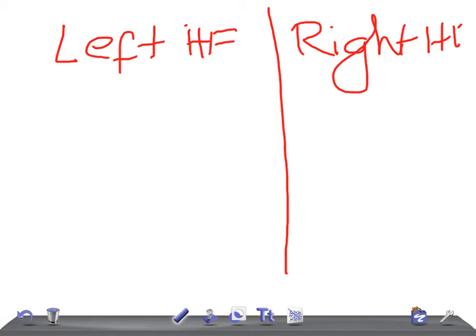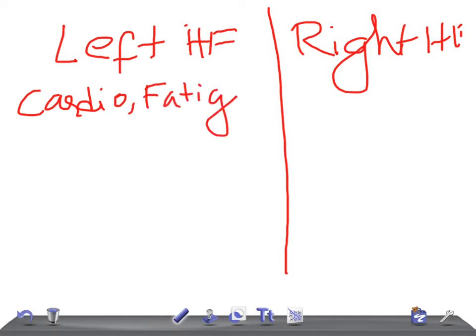First, the things which are common on the left side and the right side: one, we see cardiomegaly. Cardiomegaly is also seen in right-sided failure. Then we have fatigue, then dyspnea.